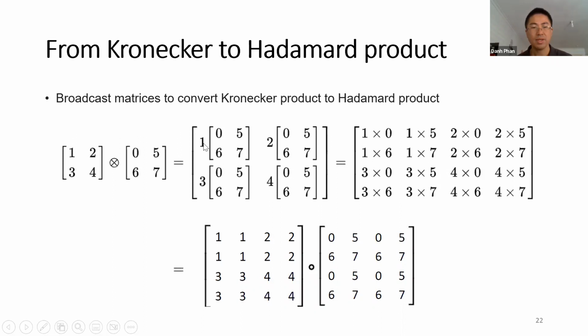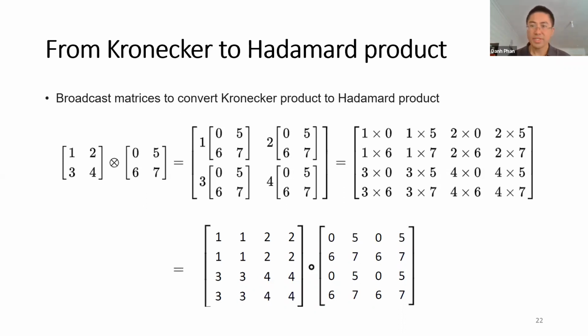So here we have 1 1 1 1 for number one, and multiply element-wise with this one. So this is just some kind of broadcast and indexing to convert this one to this one, and also broadcast this small one to this one. This can help us convert the Kronecker product to a Hadamard product.